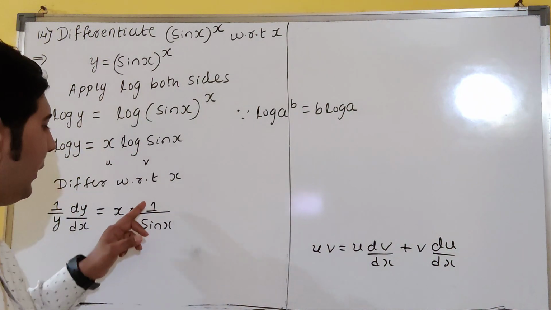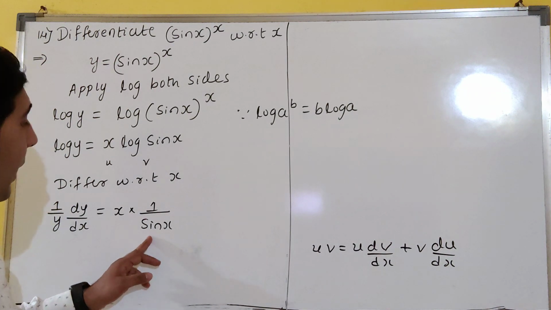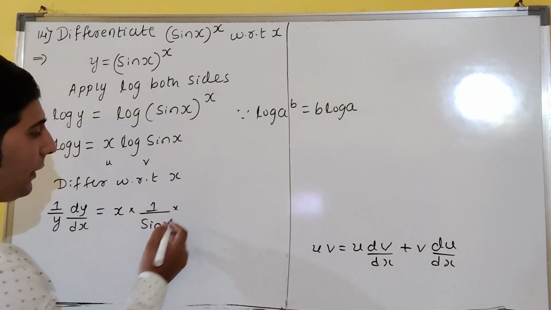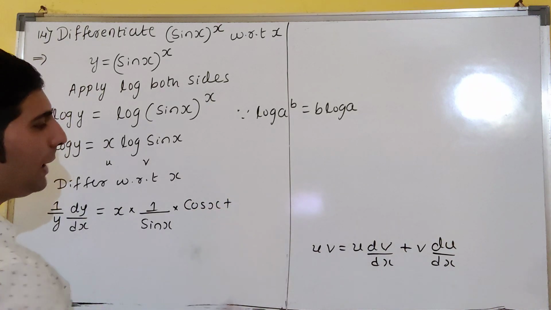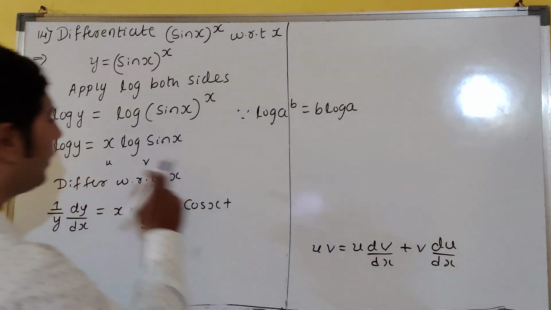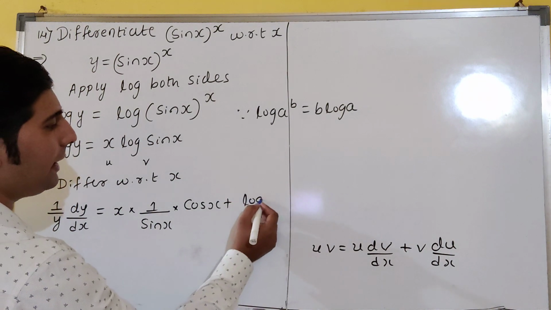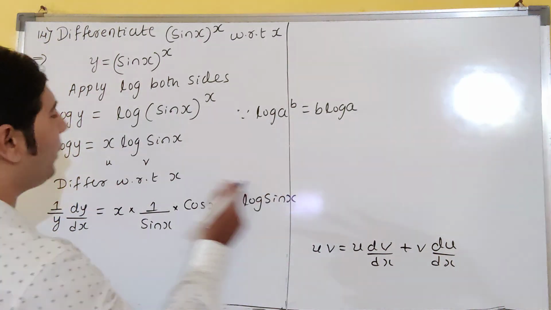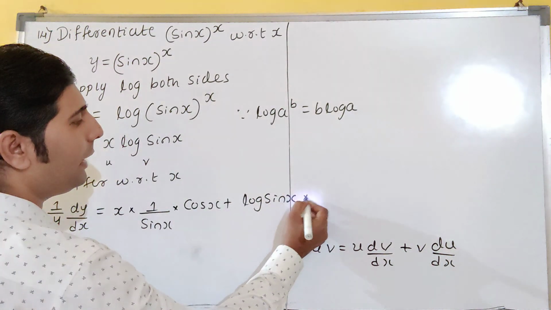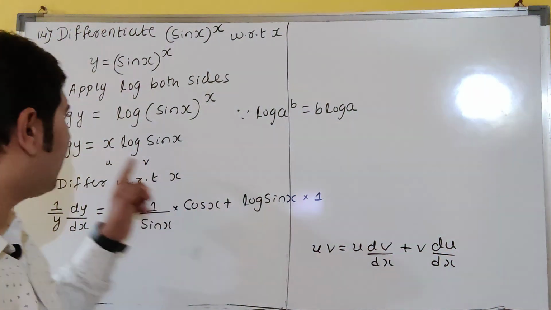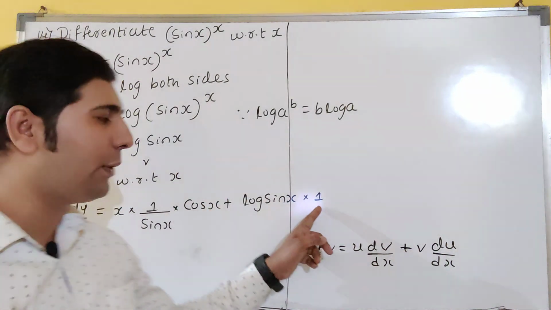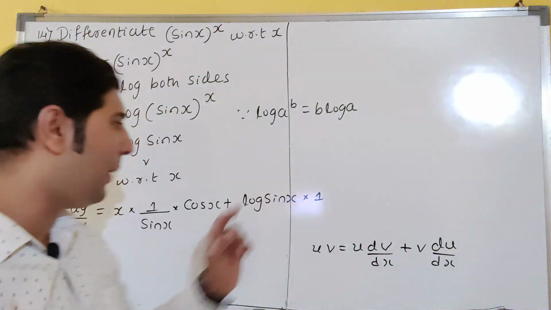Log x derivative is 1 by sin x. But this is not x, so I have to take the derivative of sin x also. Sin x derivative is how much? Cos x. Plus I will write v, which is log sin x, as it is. And the derivative of x is 1. I have to take the derivative of u, no? u is nothing but x. x derivative is how much? 1 or not? So 1 I wrote.